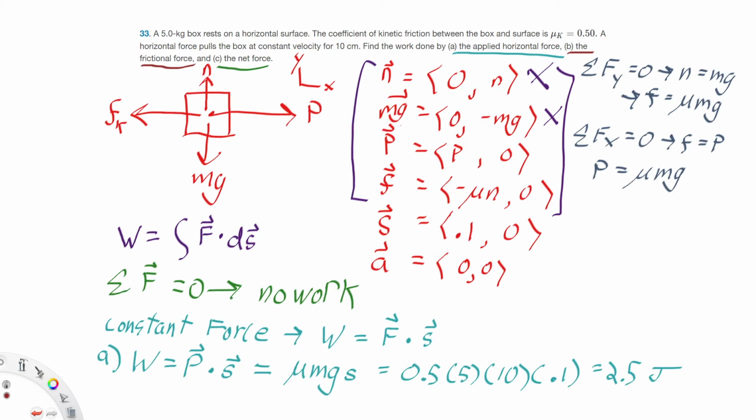So if our pulling force did a positive 2.5 joules of work, then the frictional force must have done negative 2.5 joules worth of work. Right? Because that's how we get to an overall zero work. If we added energy to the box via our pulling force, the frictional force subtracted off that same amount of energy.